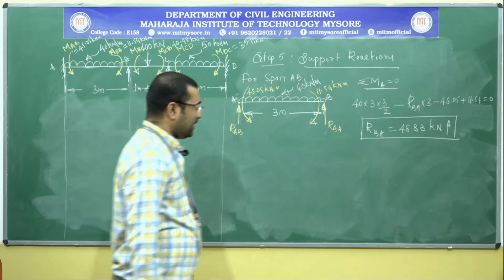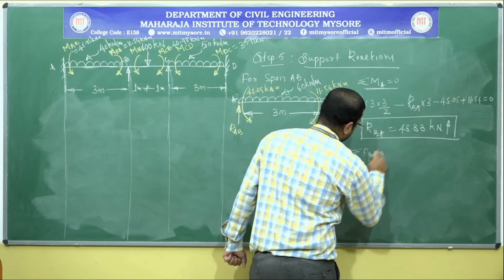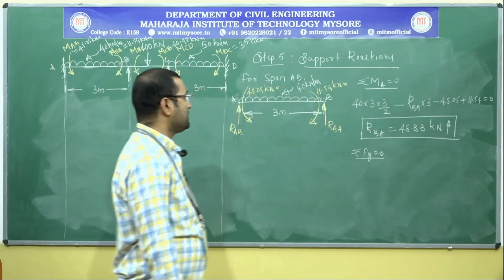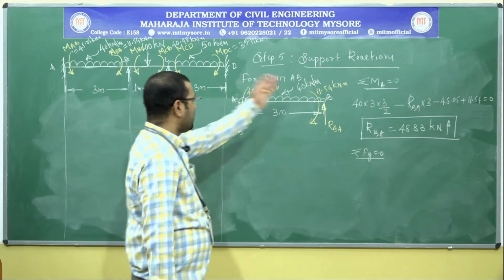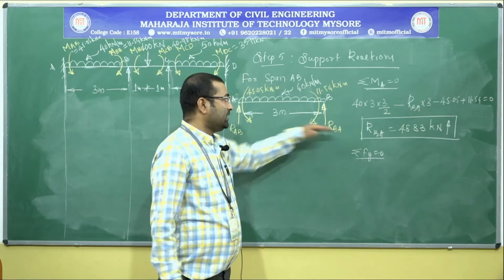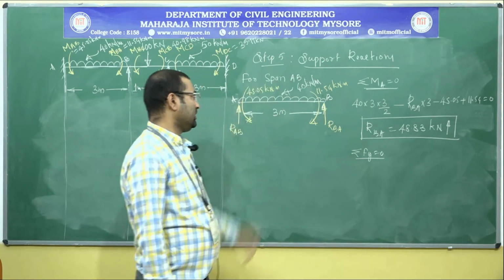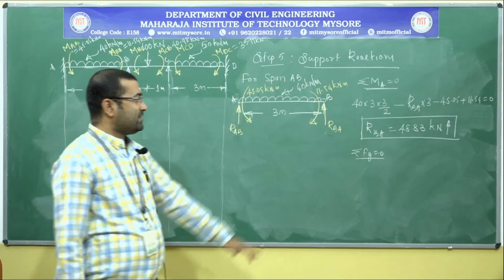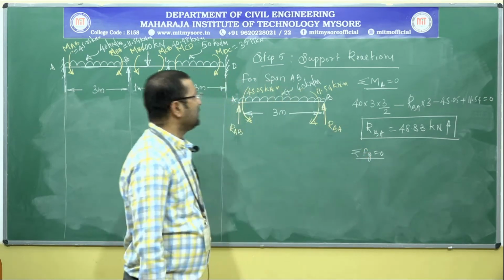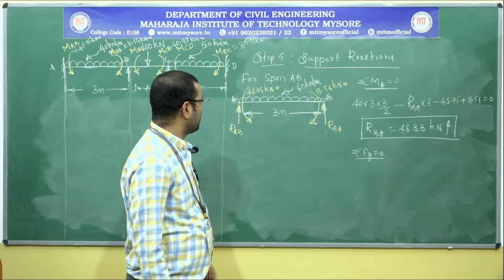Now let me impose the second equilibrium condition, that is sum of Fy, the algebraic sum of all the vertical forces must be equal to 0. So here in the free body diagram of span AB you can see RAB and RBA, these two forces are acting vertically upwards and this UDL is acting vertically downwards. So as it is the algebraic sum of vertical forces, we need to consider only vertical forces, not the moments or the horizontal loads.